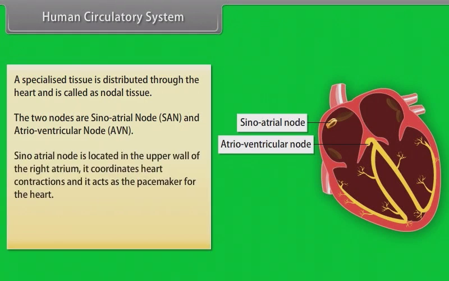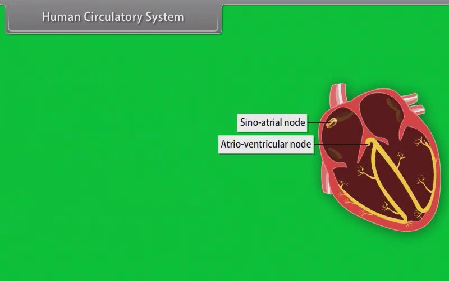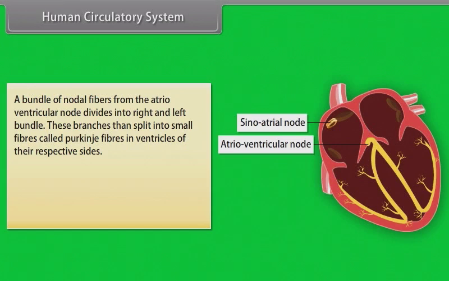Sinoatrial node is located in the upper wall of the right atrium. It coordinates heart contractions and acts as the pacemaker for the heart. Atrioventricular node is present in the right atrium near the atrioventricular septum. A bundle of nodal fibers from the atrioventricular node divides into right and left bundle.